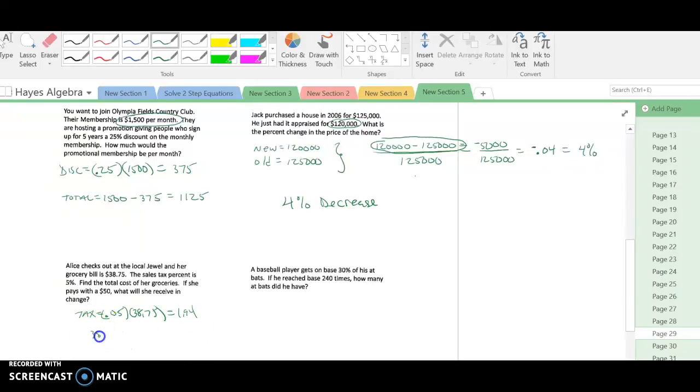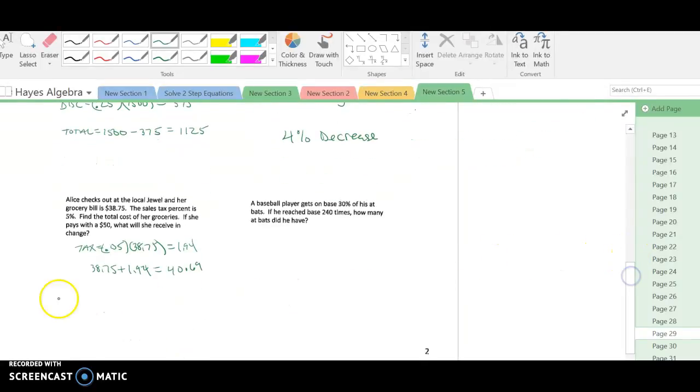So if we take the $38.75 and we add the tax, the total bill is $40.69. Now, if you pay with a 50, how much change do you receive? Well, the change is going to be 50 minus 40.69, which gives you $9.31. Okay?